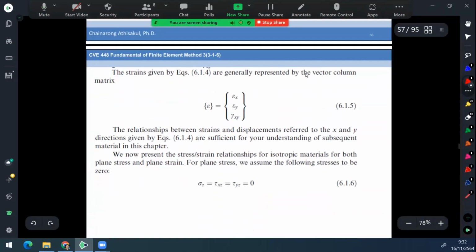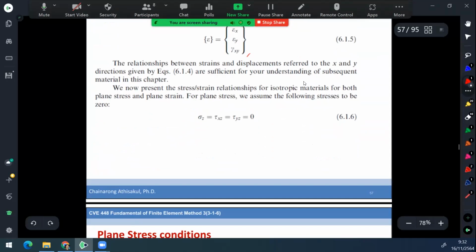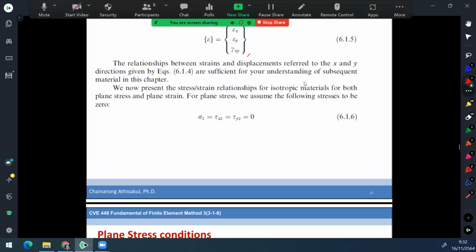And we have the 3 components of strain. Now we will consider the stress-strain relation, which we reduce from the three-dimensional case to the plane problem. We have to understand that it is defined separately for plane stress and plane strain.